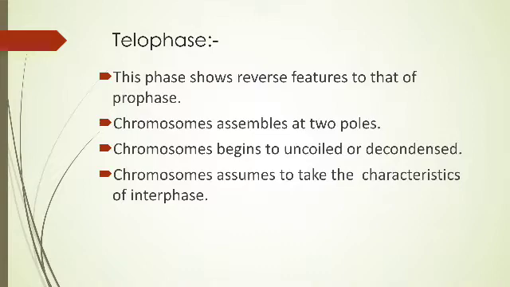First point, this telophase shows the reverse features of the prophase. That means opposite to the prophase events are seen over here, and it is near about similar to the interphase. What we have seen in the interphase, we can observe in this telophase, but what we have seen in the prophase, just the reverse changes are seen in the telophase.